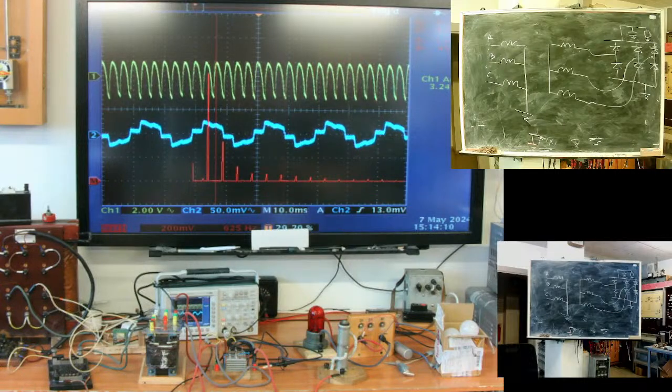Something familiar? What about the course of power electronics?